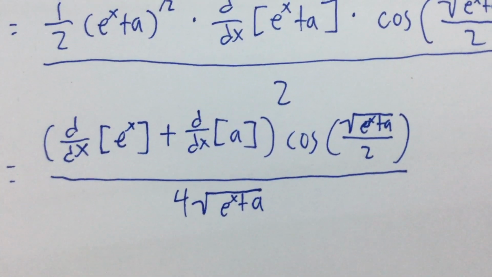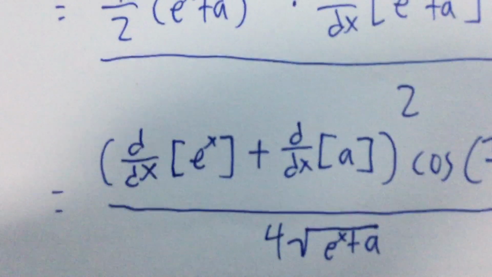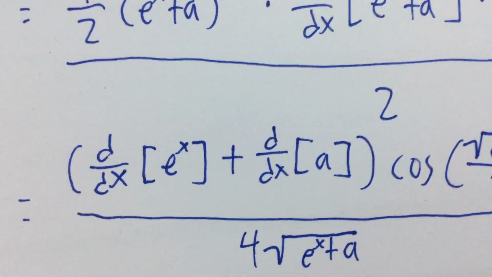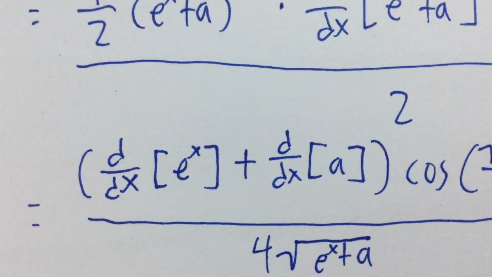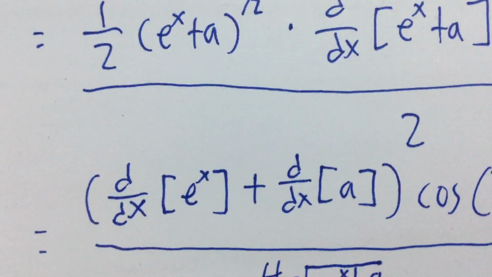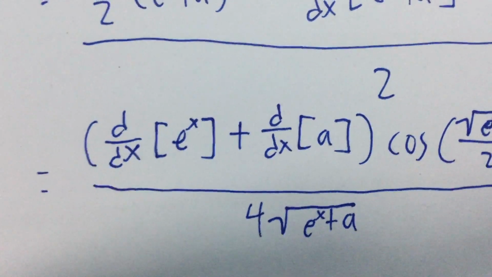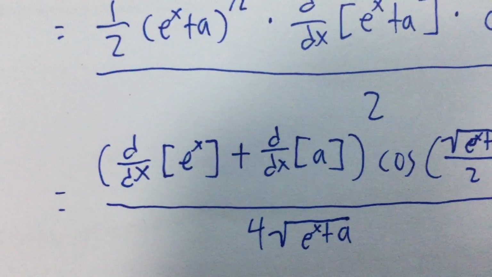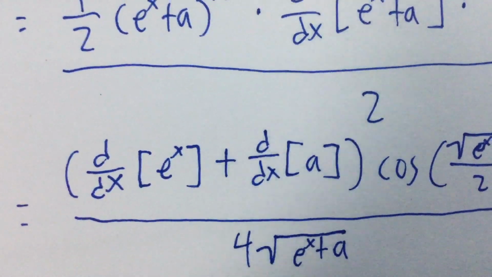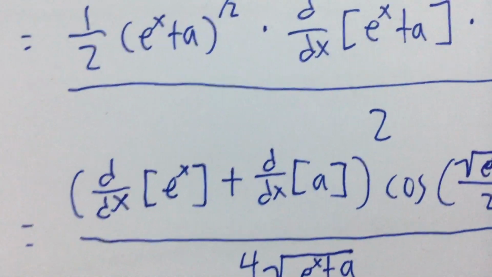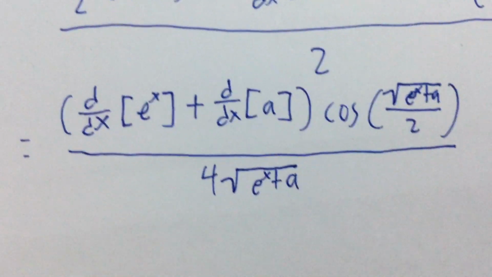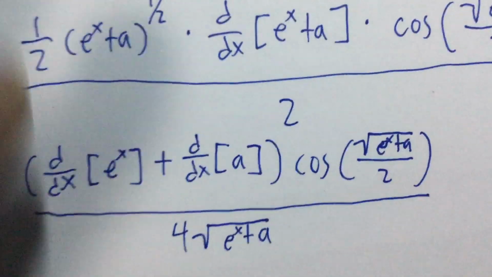Now the next step is we will derive this equation. In deriving it, we follow the exponential rule. The derivative of e^x is e^x, and the derivative of a is a constant, so it automatically turns into 0.